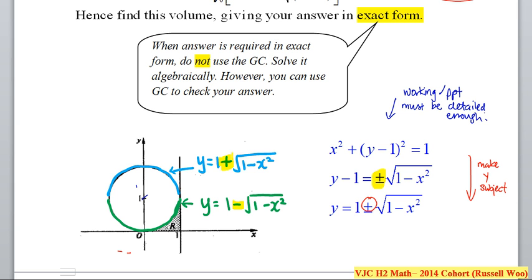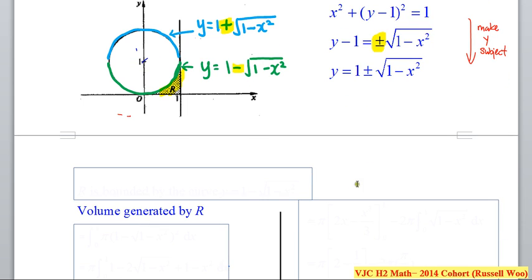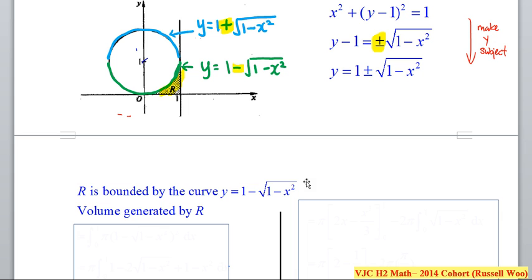Yeah? So actually when we want to find R rotated about the x-axis, do we use the plus or the minus? By now I think it's quite clear. Yep. So the R is bounded by this curve, 1 minus.